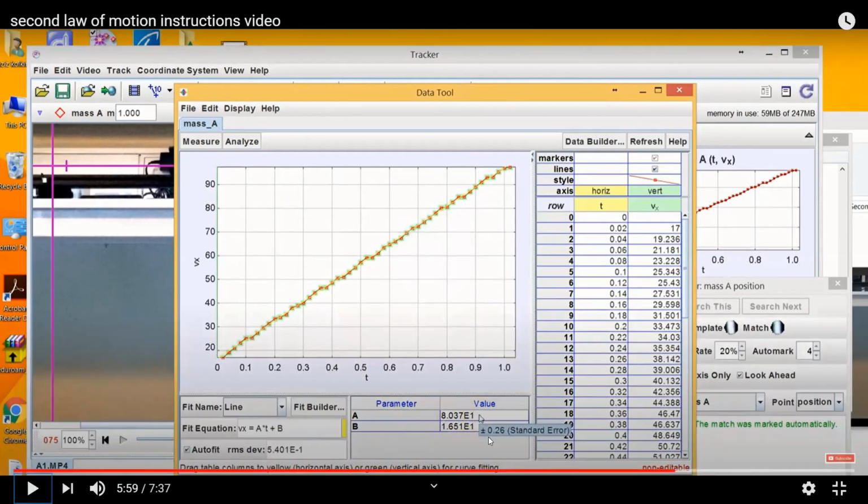You can see the standard error by placing the mouse on this value.